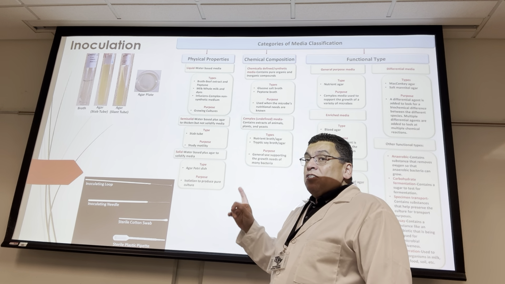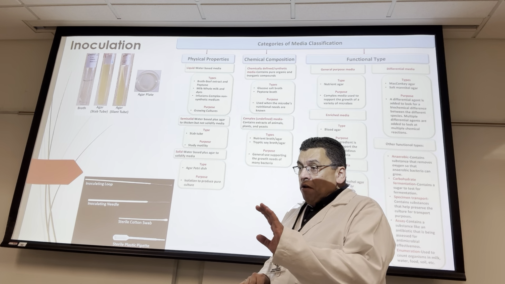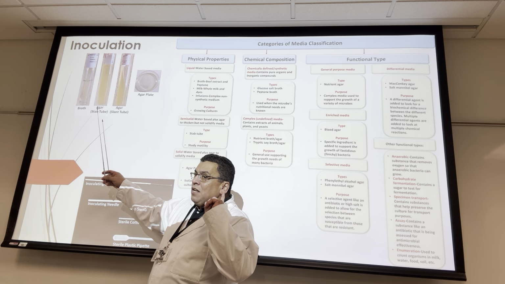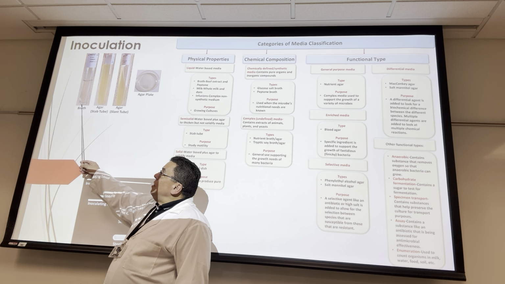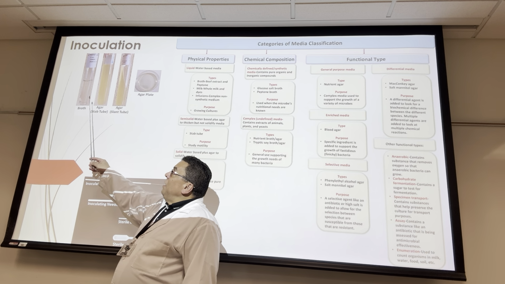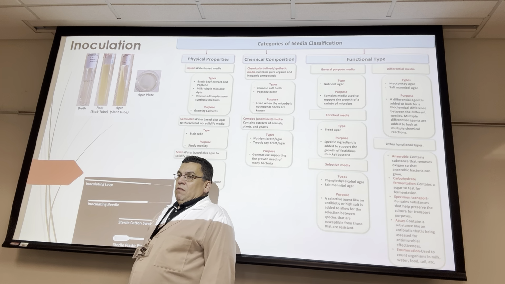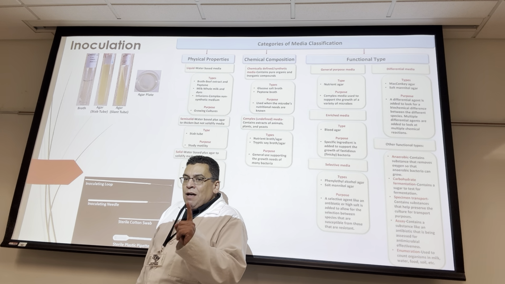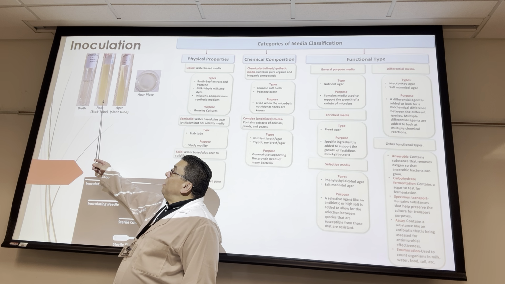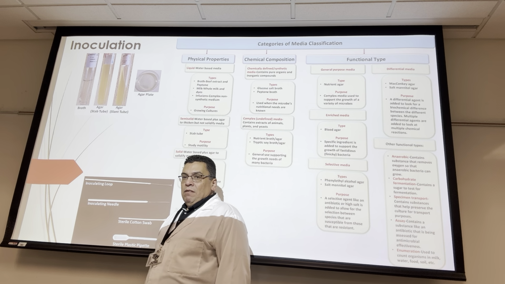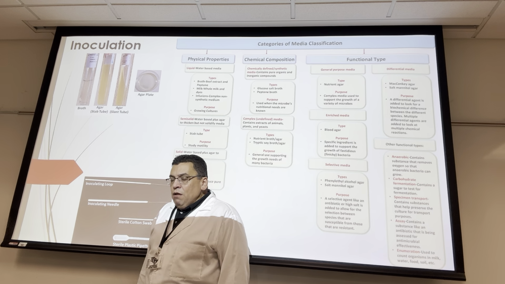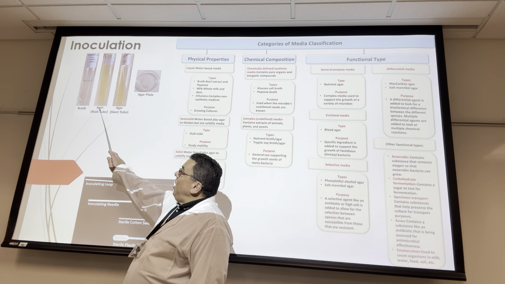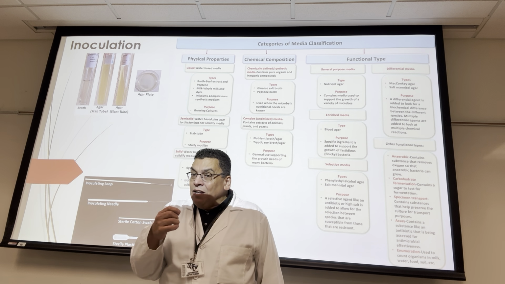All three of them actually start as liquid. The only difference, listen, nice question on exams: the only difference between this media and this media, it's the same food, it's the same media. The only difference is you added something to this one that this one does not have. And what is that? A solidifying agent called agar.